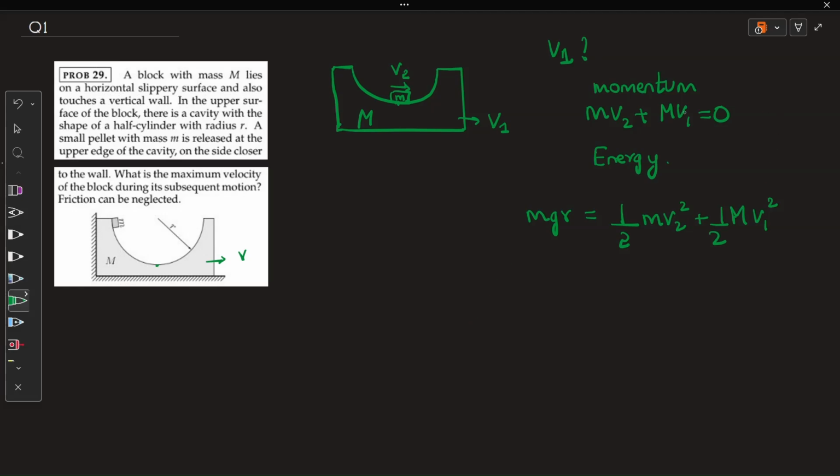Now, with the momentum equation, I have to write v2 in terms of v1. So v2 is nothing but minus of capital M v1 by m. This I have to substitute here. So what I get is mgr is equal to half m M square v1 square by m square plus half capital M into v1 square.